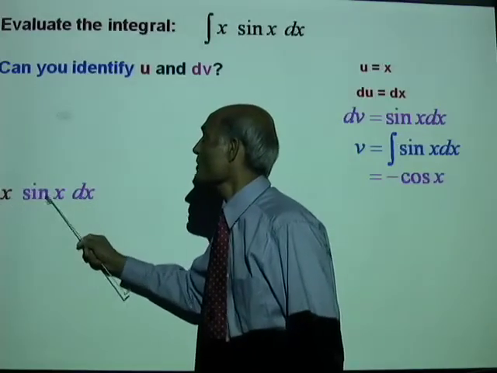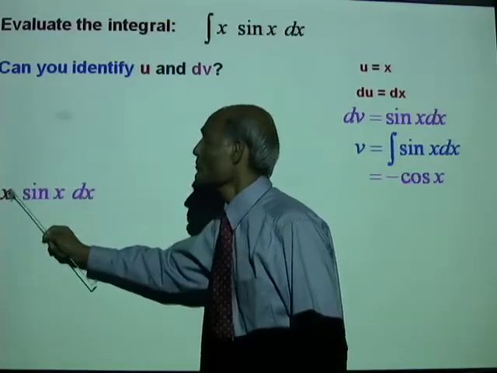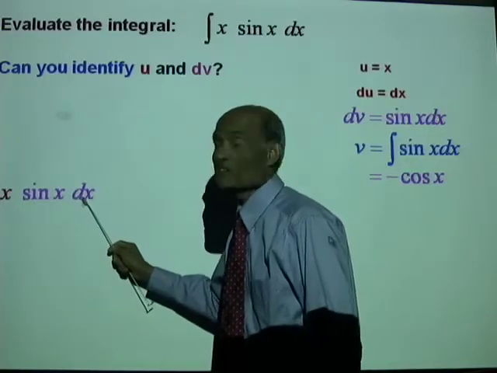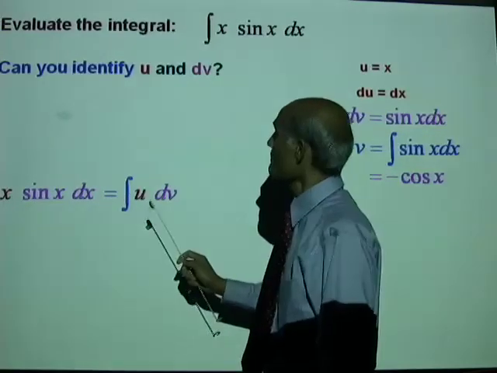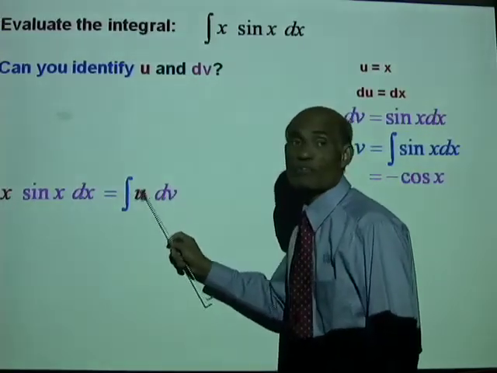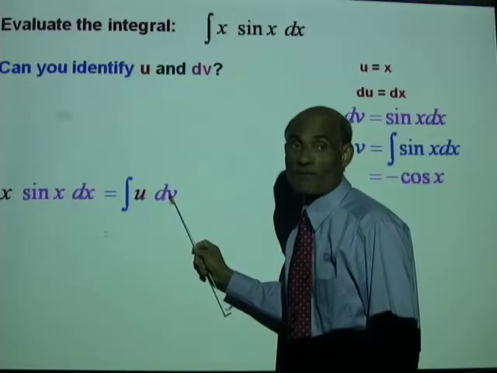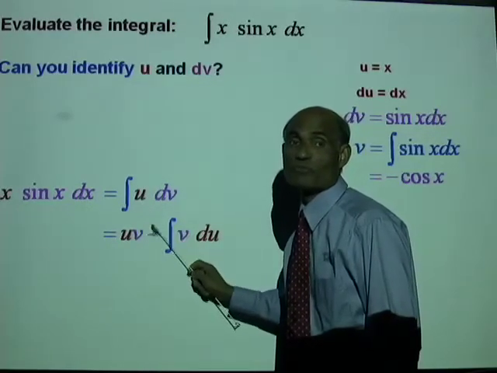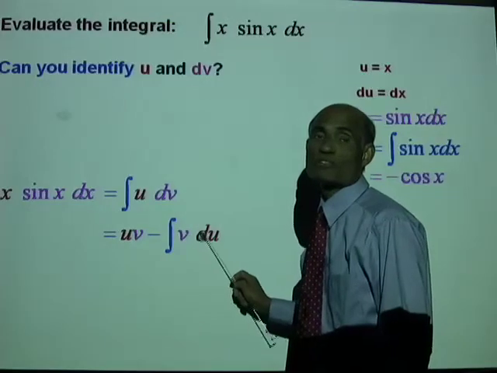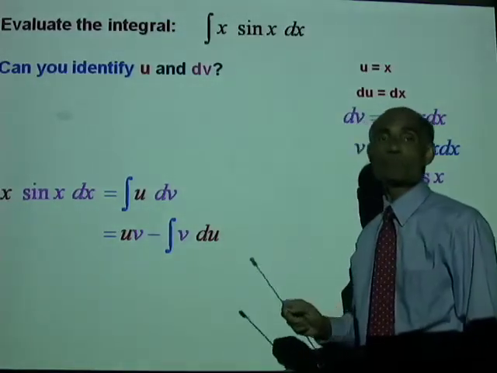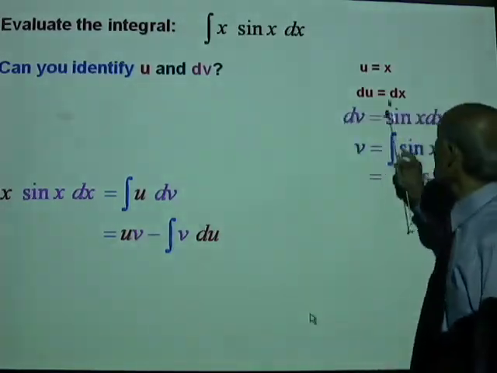Integral x sine x dx is, x is our u, sine x dx is our dv, and what is the form of this integral? That will be u times v minus integral v du. What is u times v?